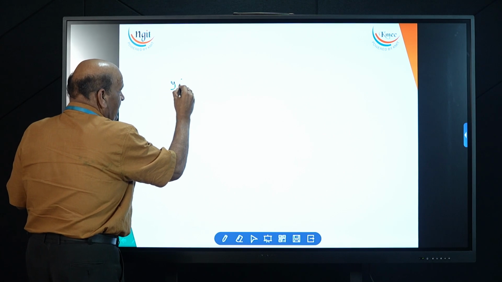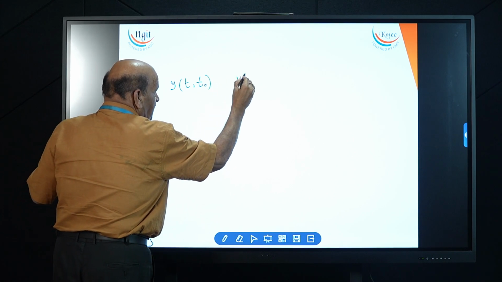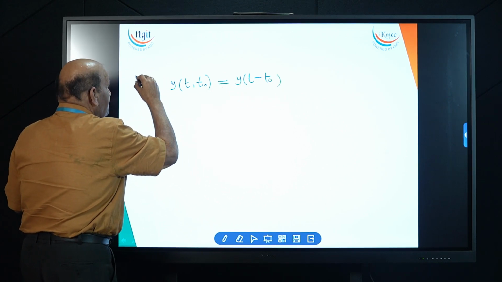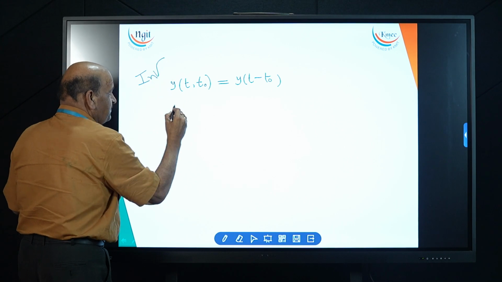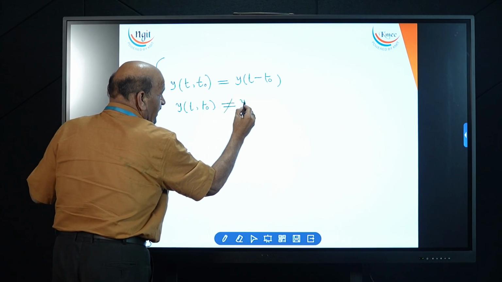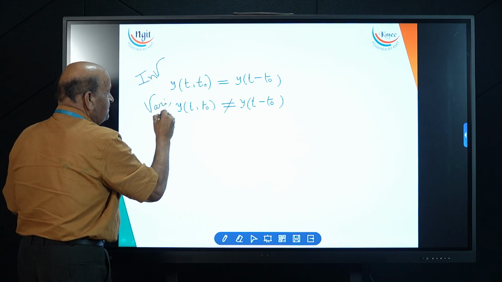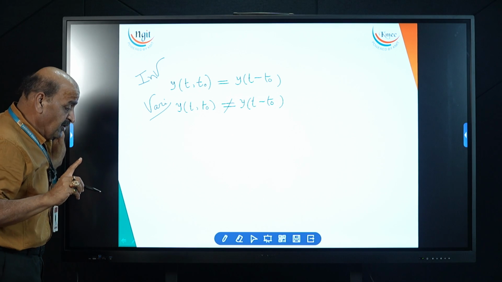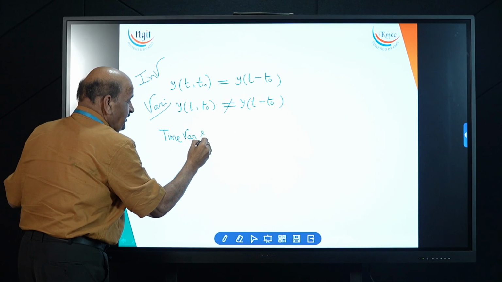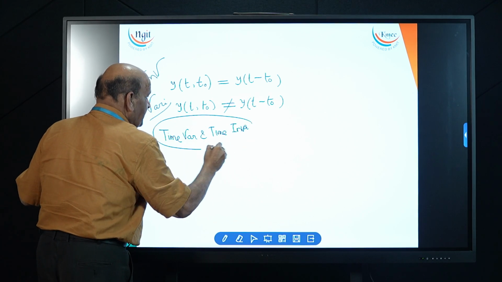Again, I am reminding you, T introduces a delay. The output is T minus T naught. At any time, if these two are equal, that means what? Time invariant system. If y of T naught is not equal to y of T minus T naught, this is called a time variant system. In time variant and time invariant, only a single word is dominating.